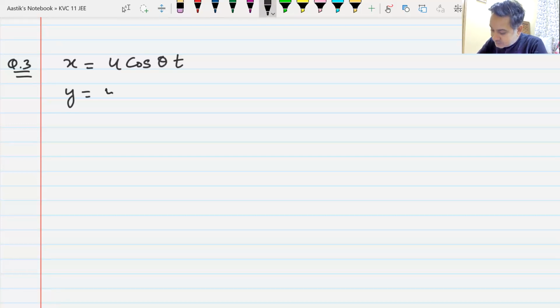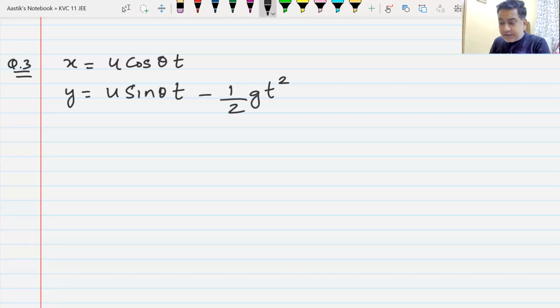And y is u sin theta into t minus half g t square. Remember, theta here is constant, g here is constant.